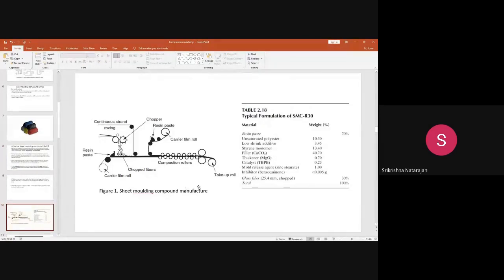Here I will show you a small schematic diagram of sheet molding compound manufacture. Here you can see there is a carrier film roll which is passing through these rollers, and a resin paste is applied here, and over this, as I have explained, the fibers are chopped or sprayed. There are two ways of doing this. One is you apply a carrier film roll, which will be mixed with the resin and the chopped fibers, and it will go outside.